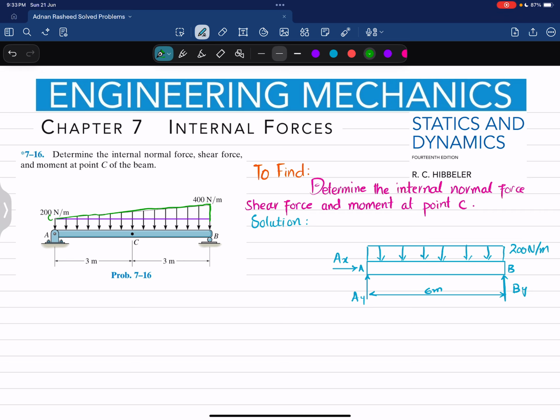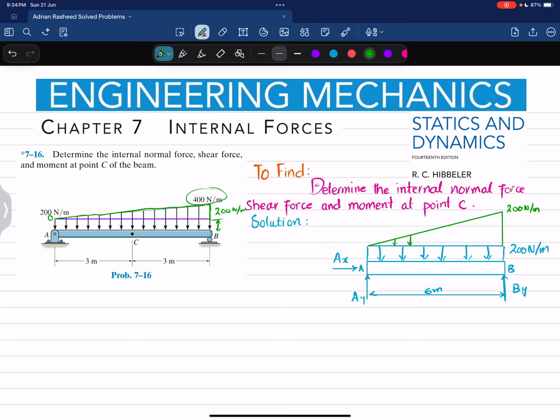Here the magnitude is 0 and here the magnitude will be, total is 400, so 400, and this is 200. So the remaining will also be 200 Newton per meter. So I will draw a rectangle like this, and this will be the triangular load, with magnitude 200 Newton per meter.